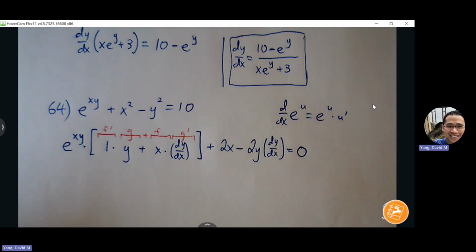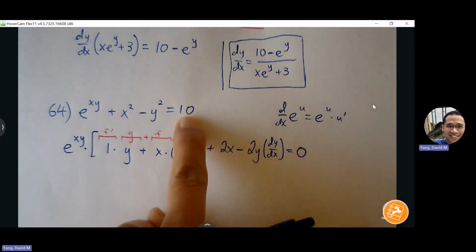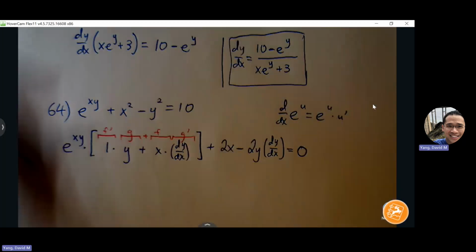Where did the 10 go? Good question, right? What's the derivative of 10? Oh, you do that too. Yeah, we also take the derivative of that 10, it doesn't stay. Okay, good. Distribute.